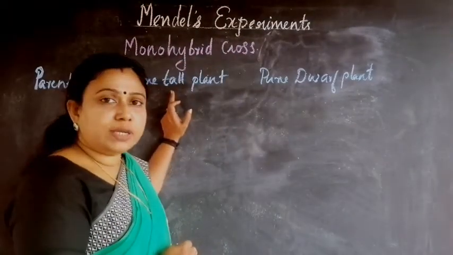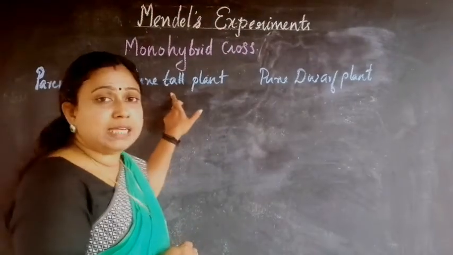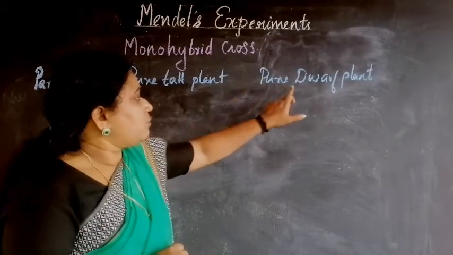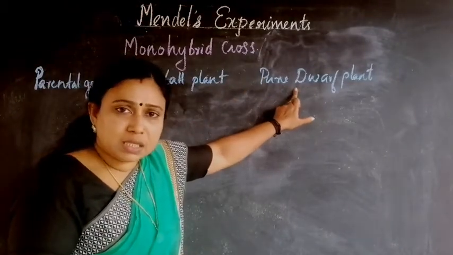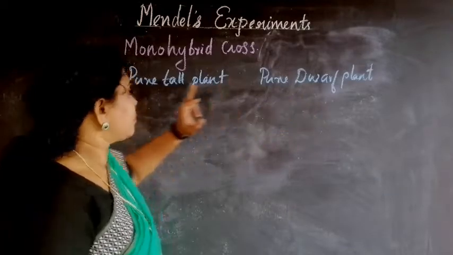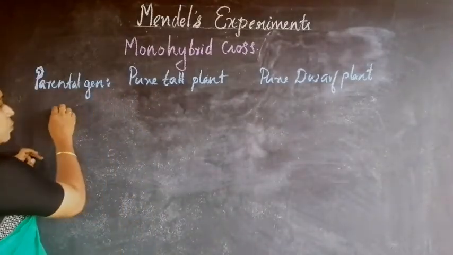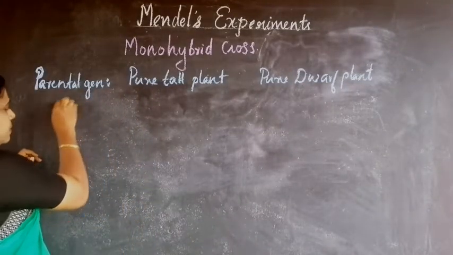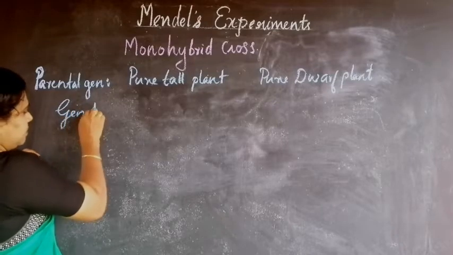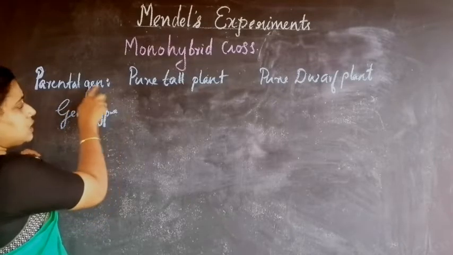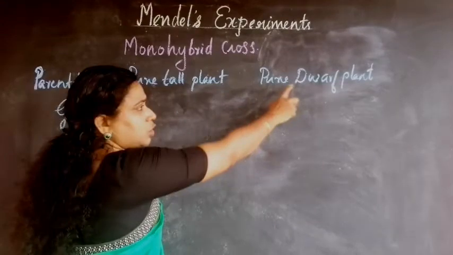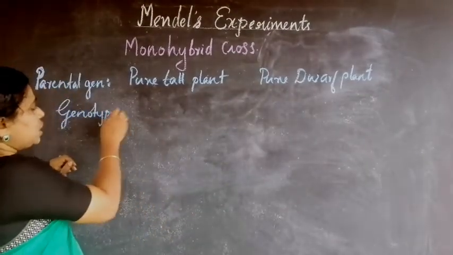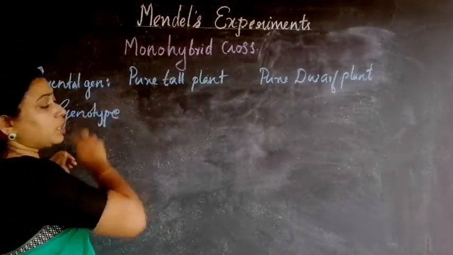So the phenotype of this plant is tall plant, and the phenotype of this plant is dwarf plant. Now, when we write the genotype, the parental generation is pure tall plant and pure dwarf plant.